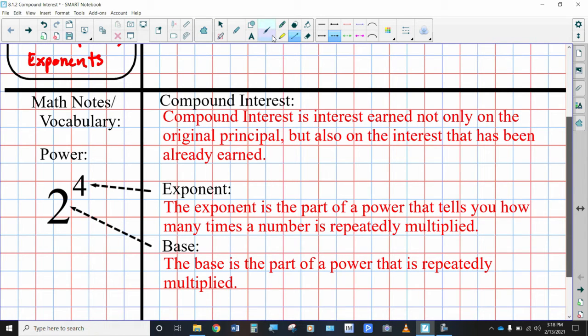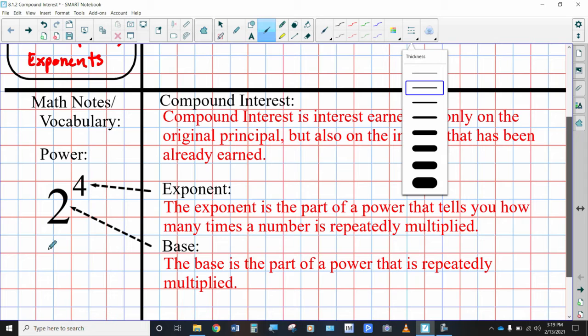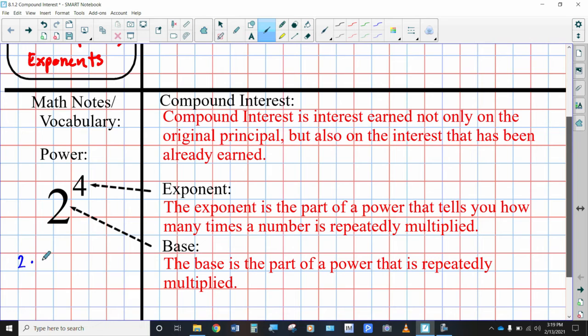So in this situation, what we have here is a shortened version of a repeated multiplication statement where 2 to the 4th power technically means 2 times 2 times 2 times 2. 2 times 2 is 4, 4 times 2 is 8, and 8 times 2 is 16. So 2 to the 4th power has a value of 16.